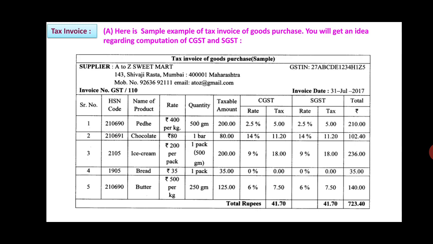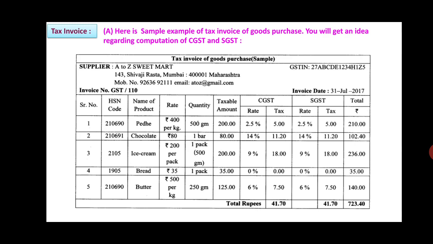And the butter, whose HSN code is 210690, is rupees 500 per kg, so for 250 gram the amount will be 125. 6% is the rate, so CGST will be 7.50 and SGST will also be 7.50. So the total cost will be 125 plus 7.50 plus 7.50, that is 140.